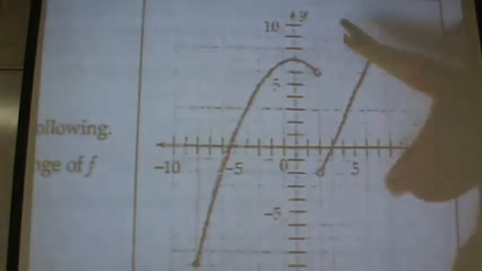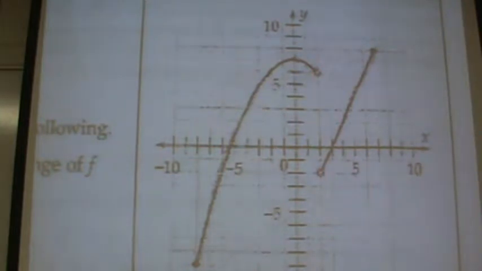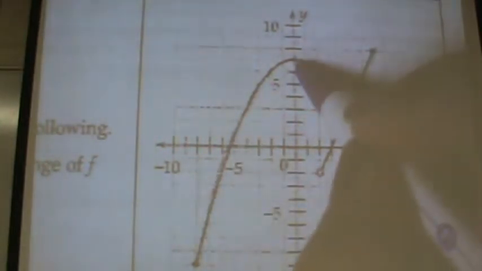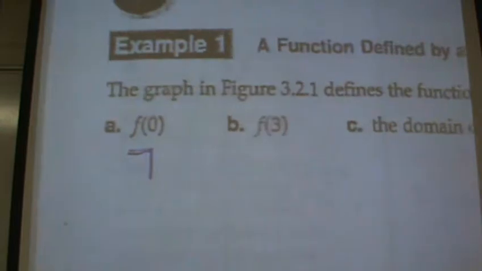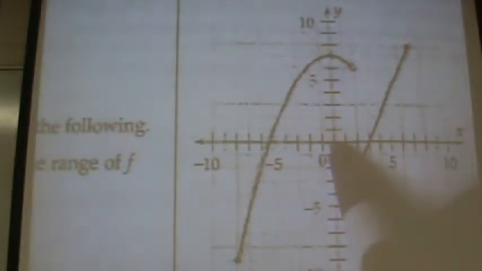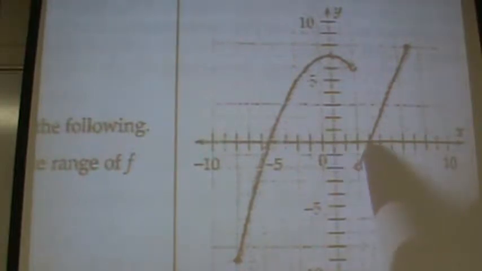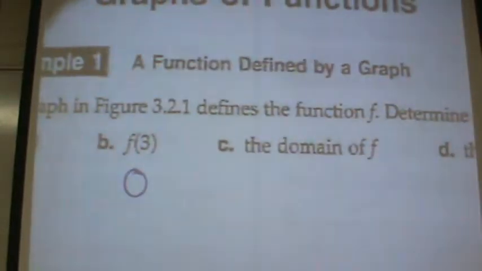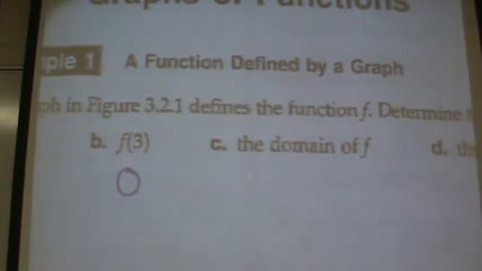What's that number right there? 7. So what's f of 0? It is 7. What do you think f of 3 is? Where x is 3, y would be 0. That's right. Easy? Yeah. Okay, the next thing.